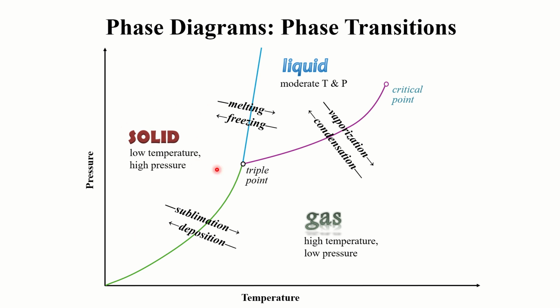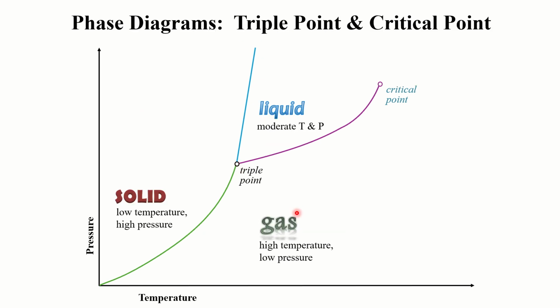Conversely, over here, where we have generally low temperatures but high pressure conditions, this makes me think my substance is likely to be a solid. Low temperature, high pressure, solid. And so I can label this portion of the phase diagram as a solid, and then liquid is simply in between the two. So remember, high temperature, low pressure, gas; low temperature, high pressure, solid; and liquid is in between, and then you can put the phase changes in from there. Critical point is between a liquid and a gas, triple point at the center.